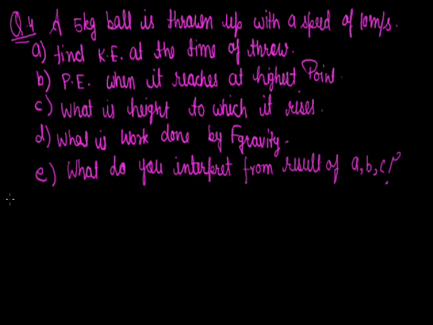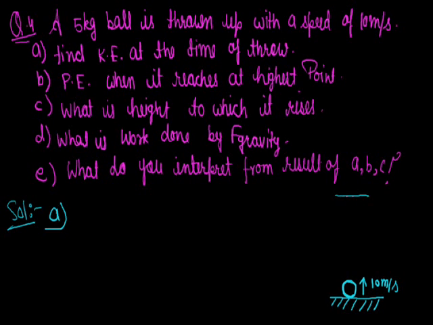Now, first is the solution of A. As given in the question, a 5 kilogram ball is thrown up with a speed of 10 meter per second. Suppose a ball is initially on the ground and it is thrown up with an initial speed of 10 meter per second.